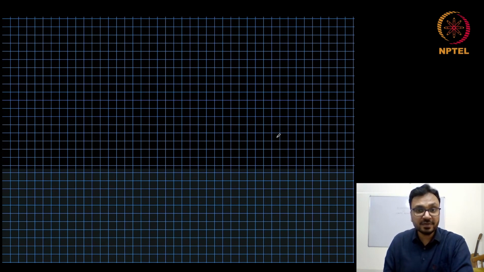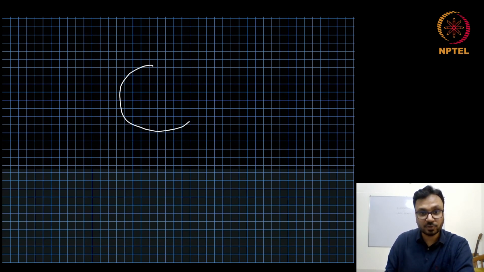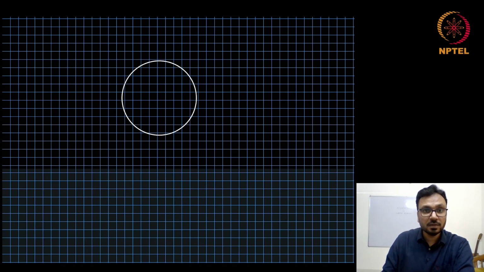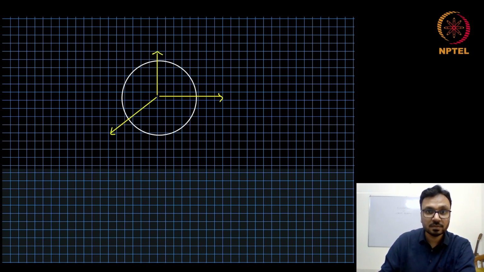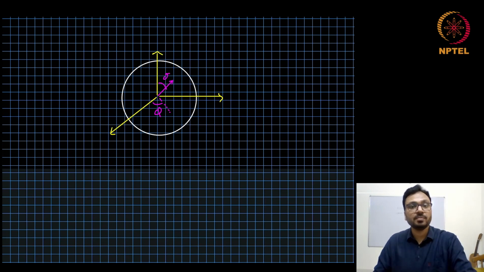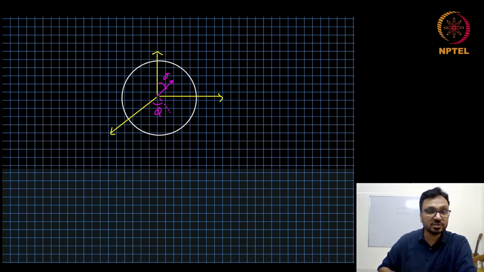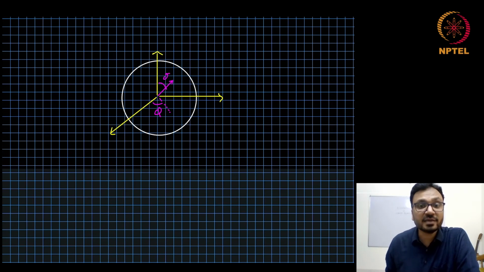Now if we look at the Bloch sphere, again let me draw the Bloch sphere, maybe a smaller one this time. The axes z, y, x. What we are interested in is a vector. This angle is theta. This is phi. The phi is the angle between the projection of the vector, given vector r, in the xy plane.